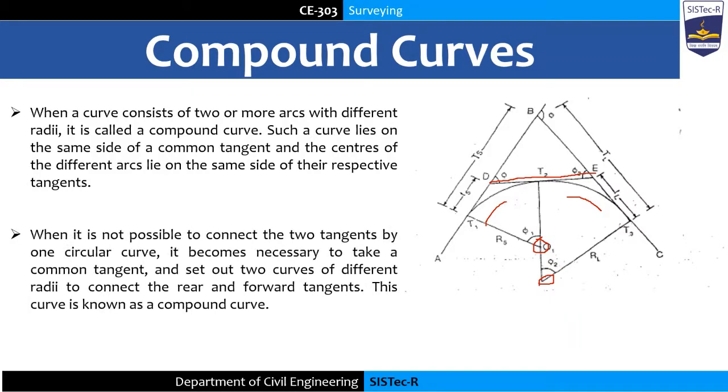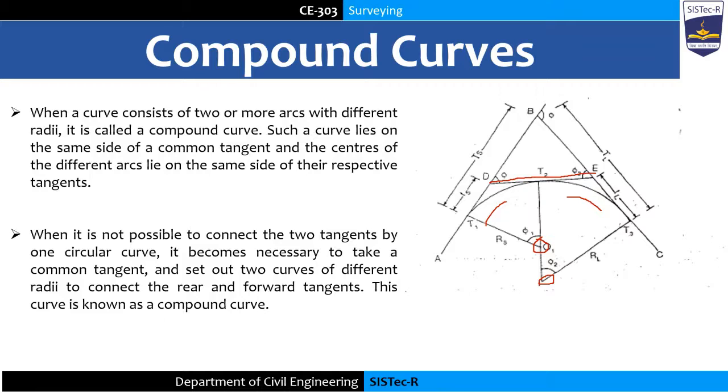When it is not possible to connect the two tangents by one circular curve, it becomes necessary to take a common tangent and set out two curves of different radii to connect the rear and forward tangents. This curve is known as a compound curve. जब सिंपल सर्कुलर कर्व पॉसिबल नहीं होता, जो हमने लास्ट वीडियो में पढ़ा था, तो इसी कंडीशन में हम कंपाउंड कर्व का यूज करते हैं.